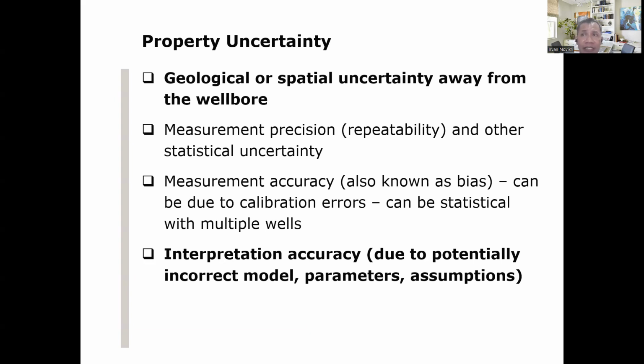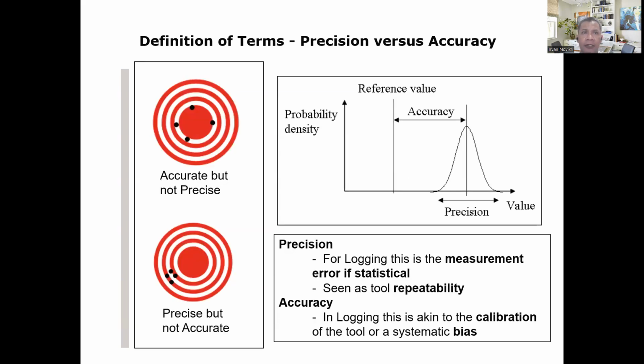This kind of uncertainty can arise from factors such as lack of detailed knowledge about the subsurface away from the wellbore, limitation in measurement precision, statistical uncertainty, potential errors in calibration, and the accuracy of interpretation due to incorrect model parameters or assumptions. Understanding and managing this uncertainty, we believe, is very crucial for making informed decisions in exploration and production of hydrocarbon resources.